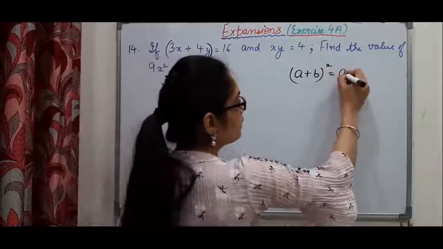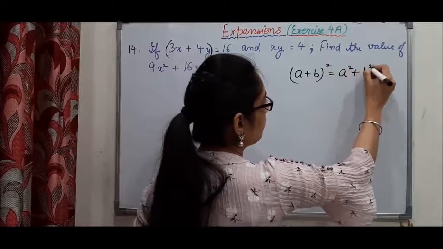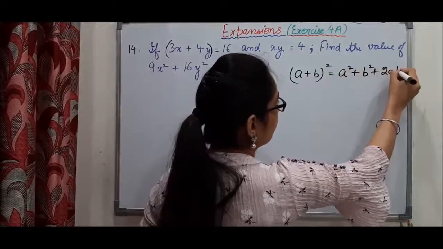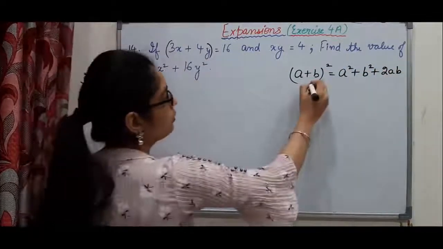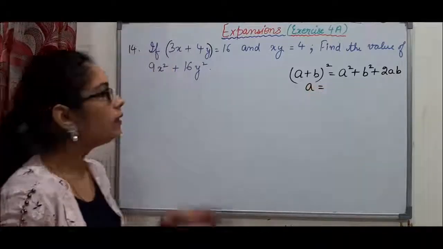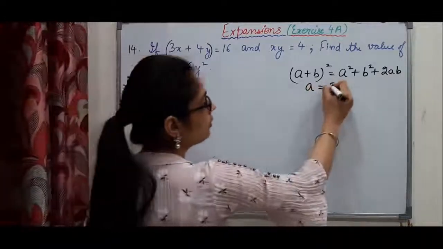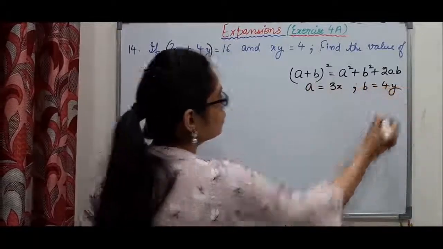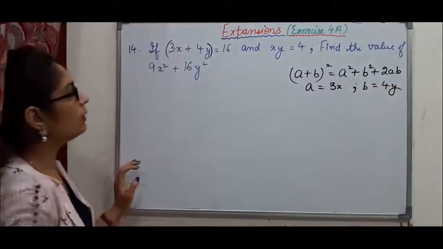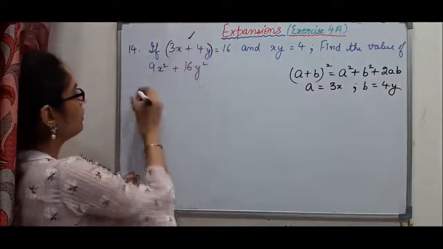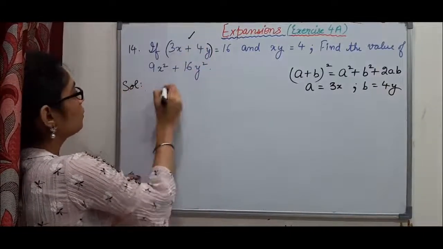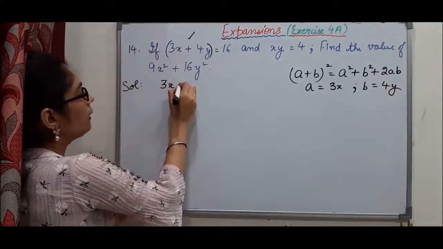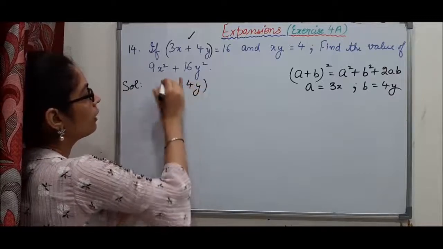The identity is a square plus b square plus 2 into a into b. We just have to see the values of a and b. A is 3x here and b is 4y. So we'll start from this identity. I'll do the whole square of this. So it is 3x plus 4y whole square.